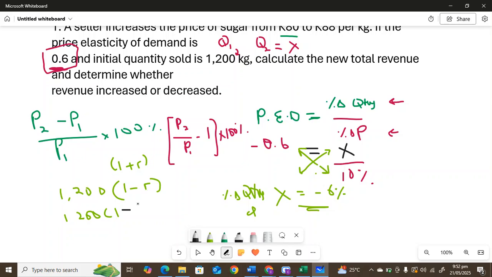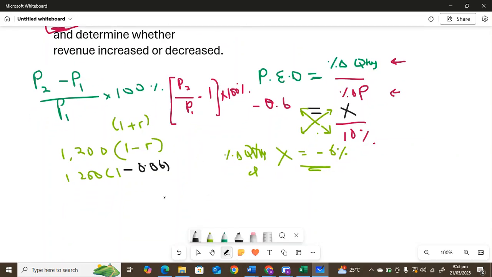The rate is 6%, so we put 0.06. Now, colleagues, don't put a negative again here; just the way it is, 0.06. So you have 1,200 times 1 minus 0.06. What do we get?